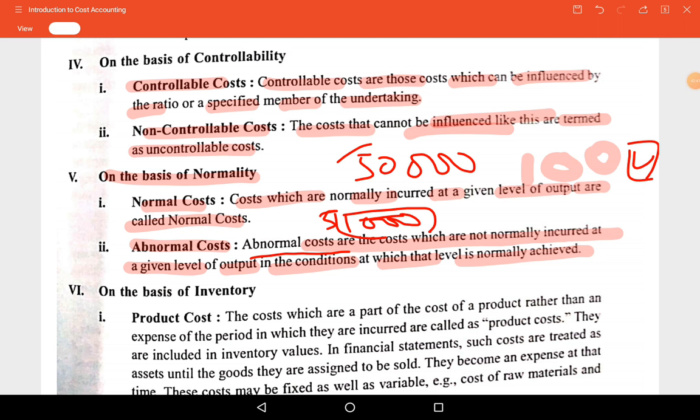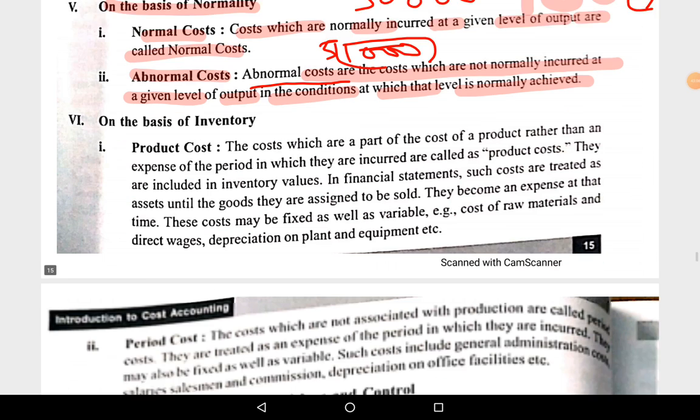Next, on the basis of inventory, product cost, inventory cost. Inventory cost is divided into two parts.